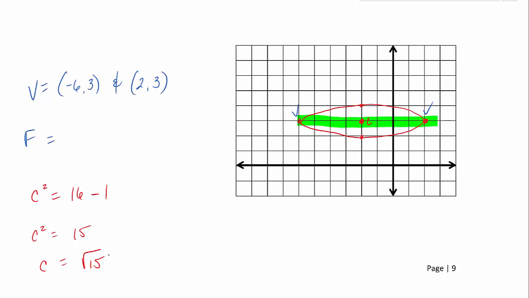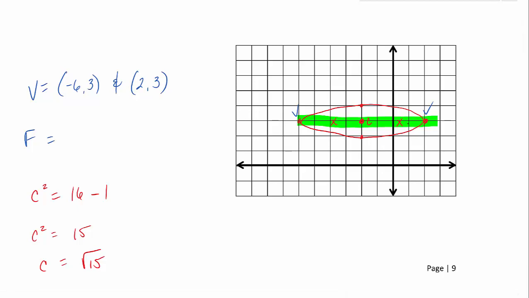Since our ellipse is long in the horizontal direction, it's going to be our horizontal component of our center that changes for the foci. Like, for example, if they're here and here. I'm just totally making this up, right? Notice that the y value for the foci maintains the same value as the y value for our center.